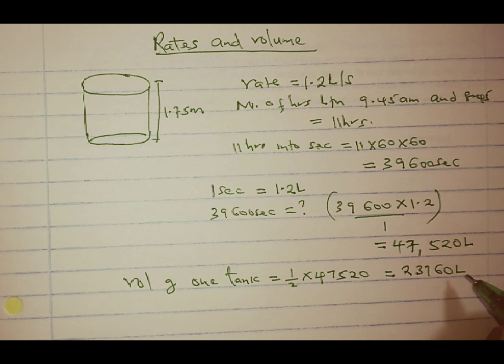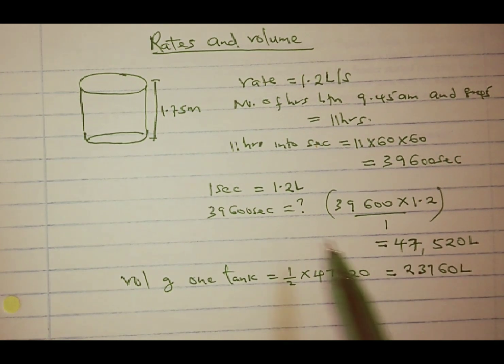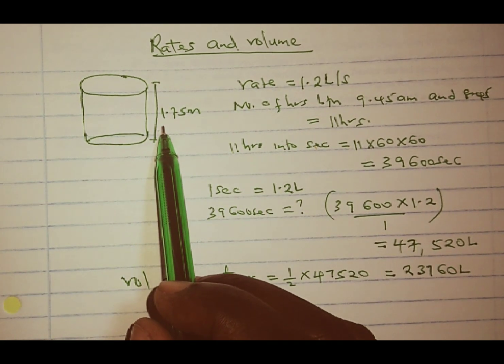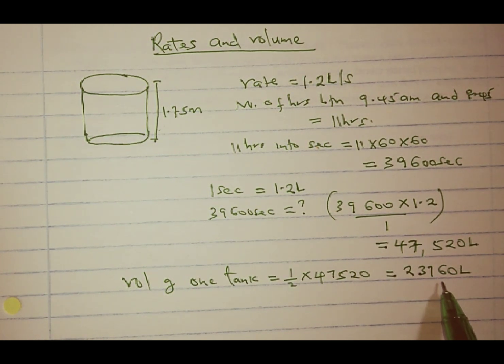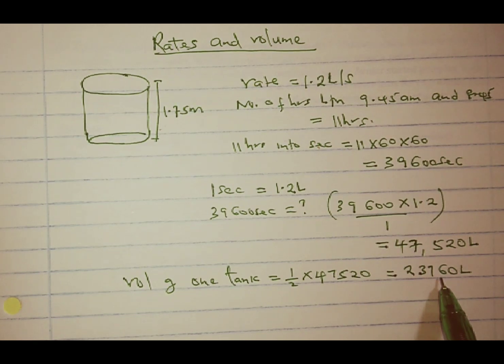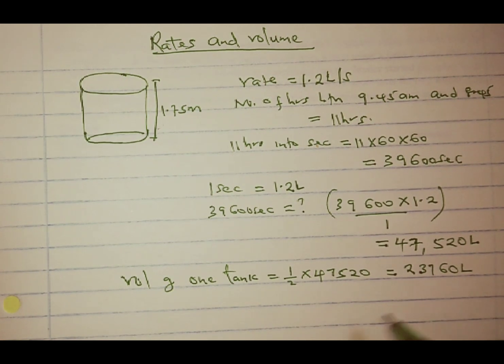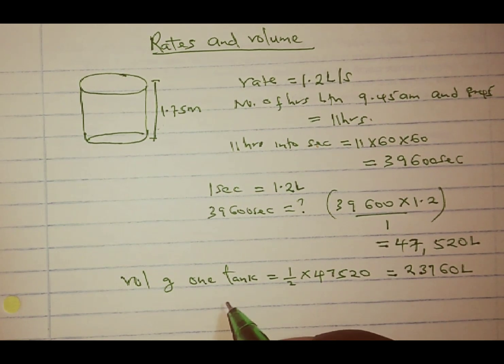We know the height is in meters, and therefore we need to change the volume from liters into cubic meters, and we are going to do that by dividing by 1000.